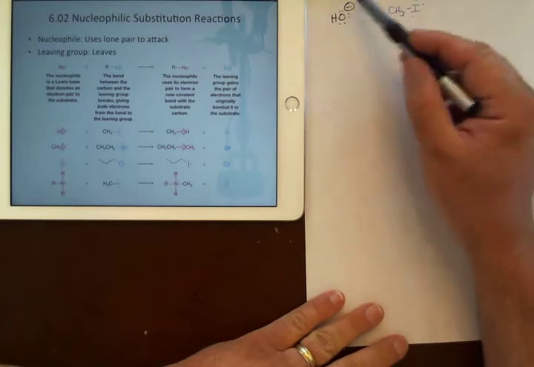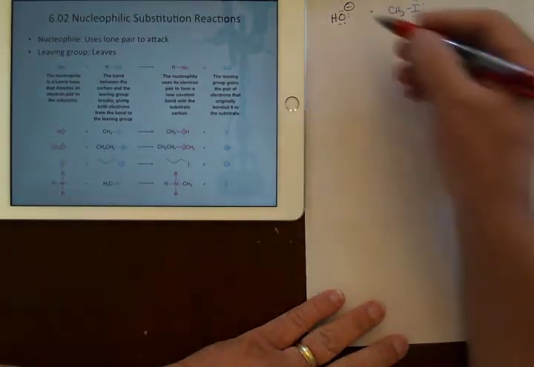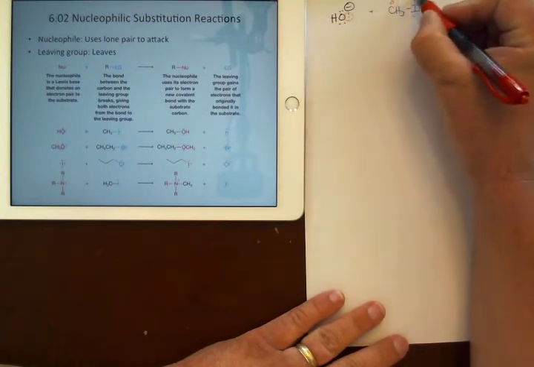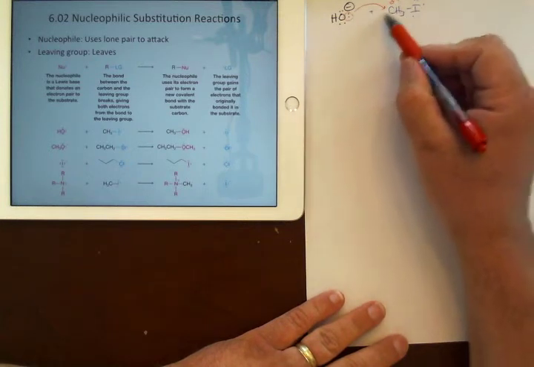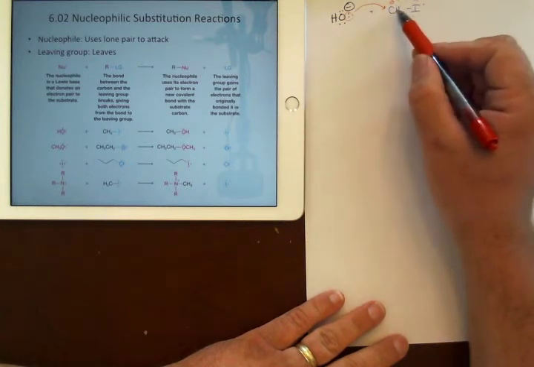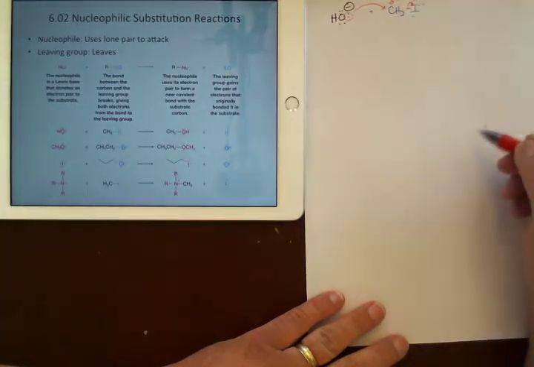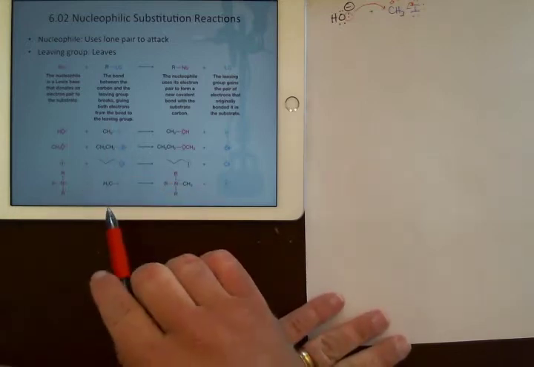The OH is the nucleophile because it has the negative charge. These electrons get attracted to the polar covalent bond here. This carbon already has four bonds and can't have a fifth one, so it pushes these electrons onto the leaving group to make your methanol, and that's how all of these work.